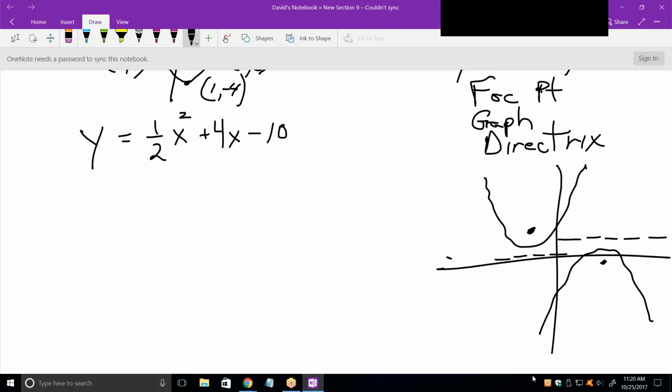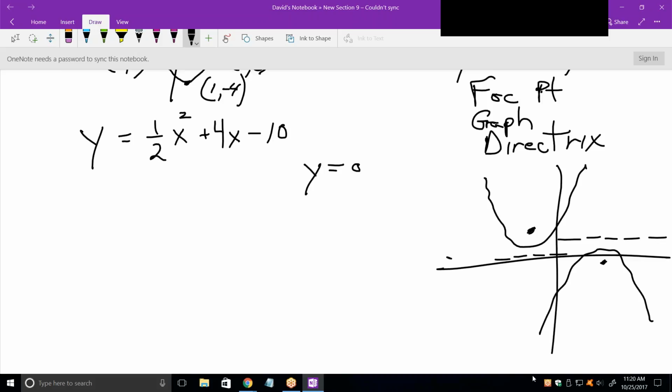First of all, we need to put this in the format of this type of parabola. When we're trying to find focal points, the formula is different. They don't use the vertex format. They use something close to it.